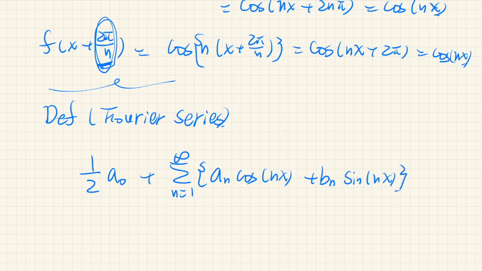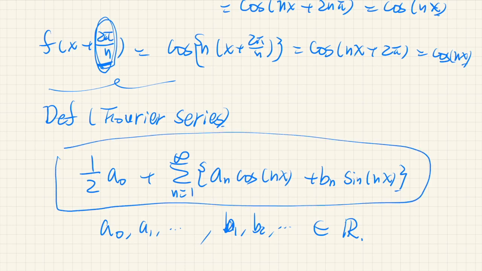A series of this form, where a0, a1, and so on, and b1, b2, and so on, are real numbers, is called a Fourier series. Well, usually real numbers. We may sometimes consider complex coefficients, but usually they are real numbers. But anyway, any series of this form is called a Fourier series.